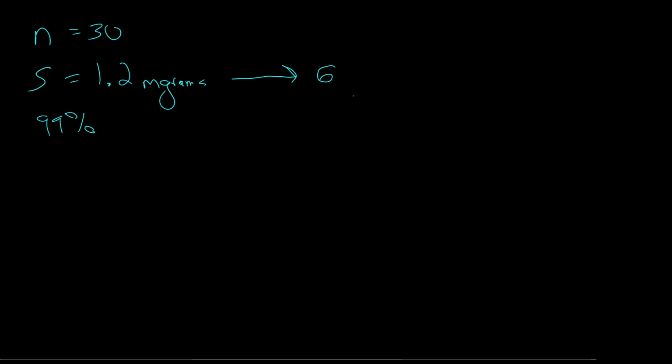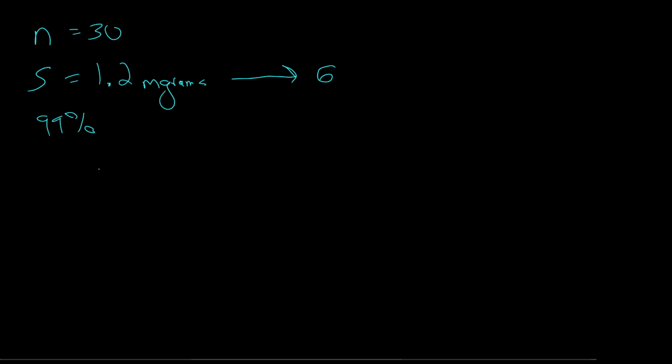From that, we have taken 30 samples, so n equals 30, and our sample standard deviation is 1.2 milligrams. We want to estimate our population standard deviation at 99% confidence.